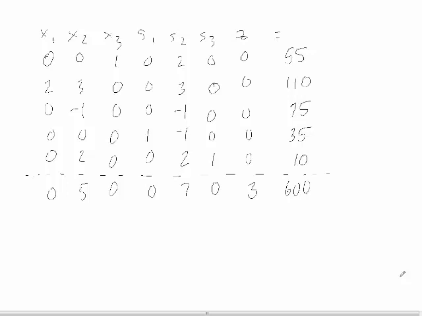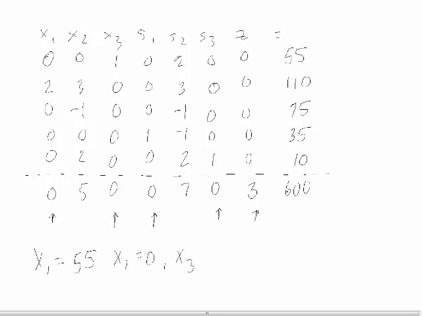So here we've got x1, x3, s1, and s3, and z as our basic variables. So we'll have x1 equals, so here we've got 110 divided by 2 is 55. X2 equals 0.